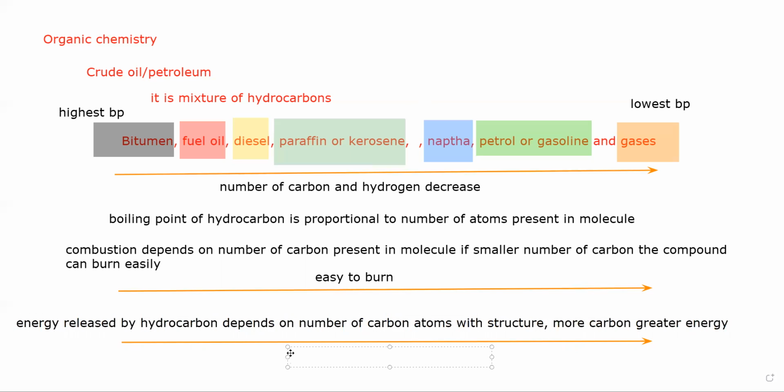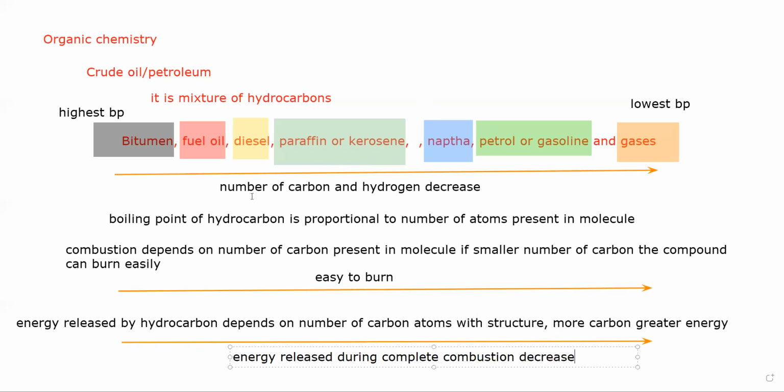So moving from bitumen to gases, the energy released during burning decreases. So refinery gases are easy to burn, but they release less energy. Bitumen, fuel oil, diesel are difficult to burn, but they release more energy. But when we burn them, if we are able to burn them completely, that will release a greater amount of energy.